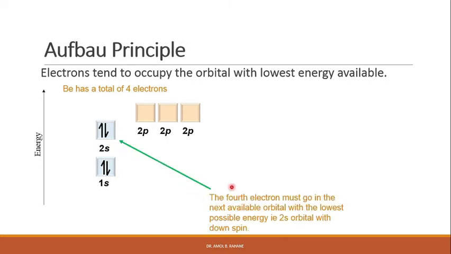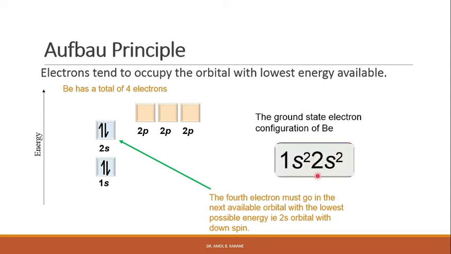The fourth electron must go into the next available orbital with the lowest possible energy, that is the 2s orbital with down spin, right? That we have learned from Pauli's principle and the Aufbau principle. Therefore we can write the ground state electronic configuration for beryllium as 1s2 2s2, that is 2 electrons in the 1s orbital and 2 electrons in the 2s orbital.